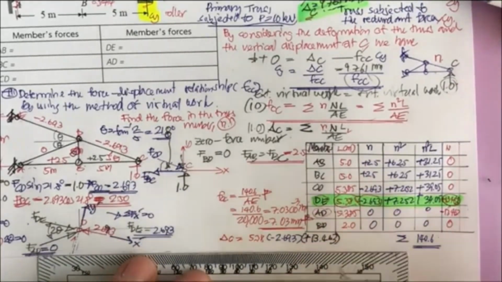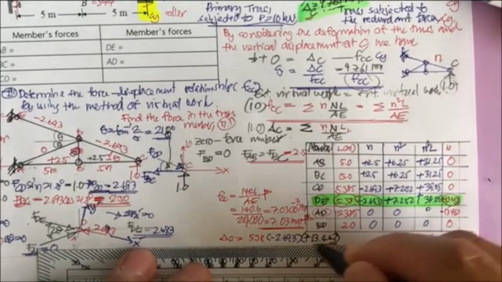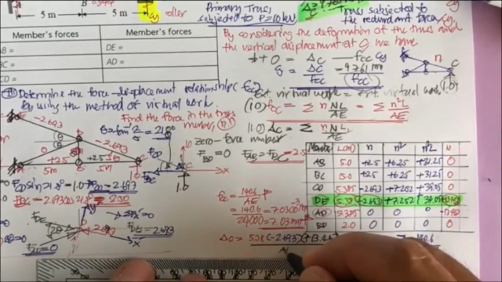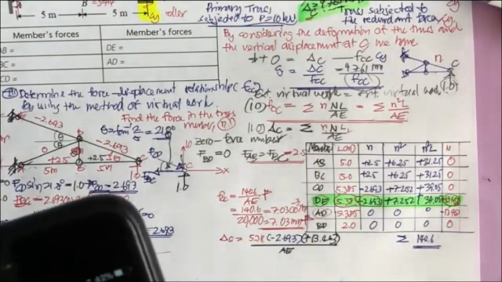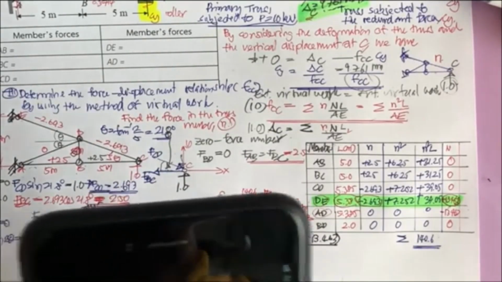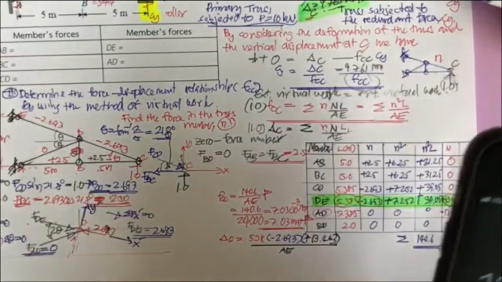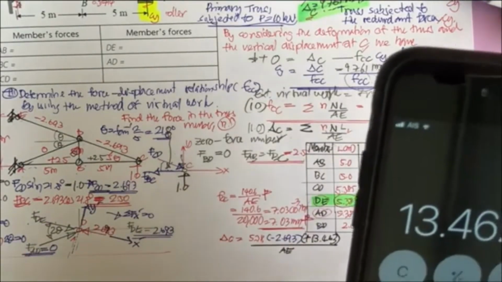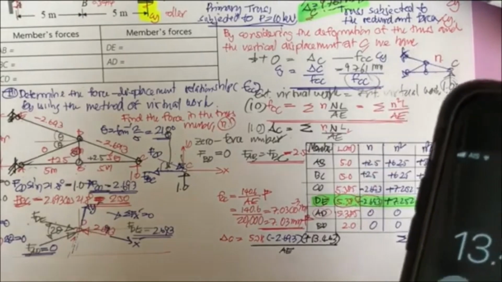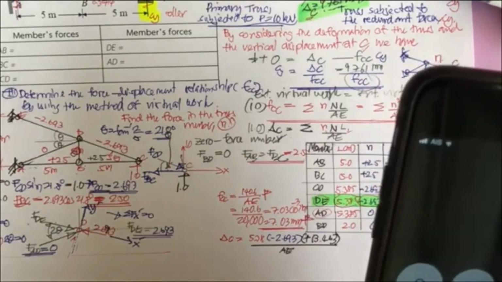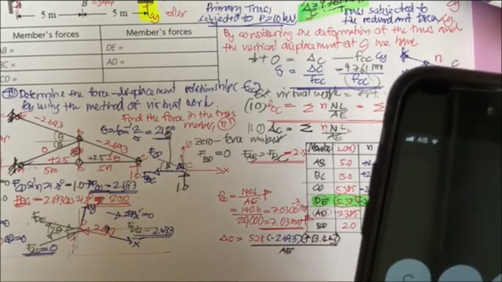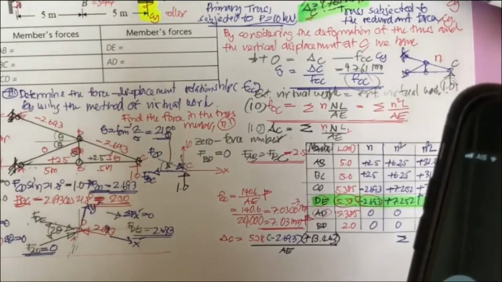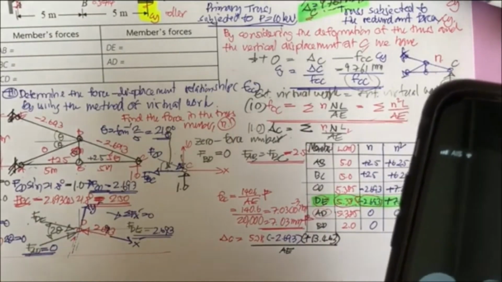Okay, and you may get this divided by AE. That is the total of 13.463 times 2.693 times 5.385.